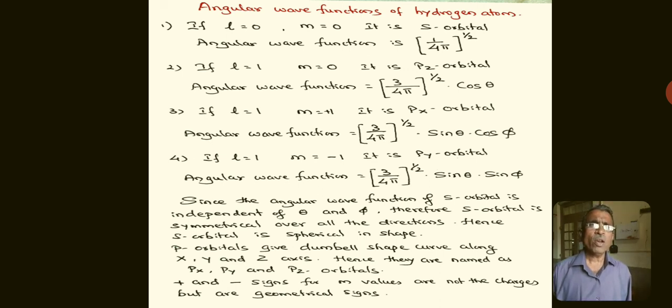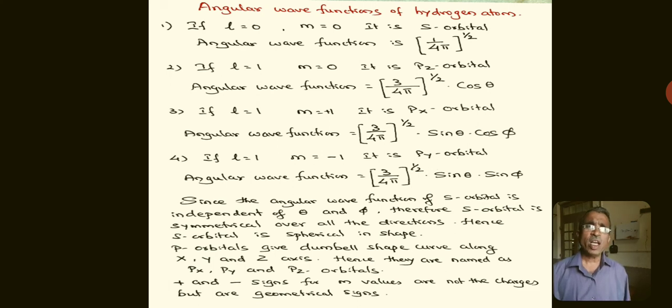Since the angular wave function of the s orbital is independent of theta and phi, therefore the s orbital is symmetrical over all the directions. Hence, the s orbital is spherical in shape. We have studied that the s orbital is spherical in shape and the p orbital is dumbbell in shape.